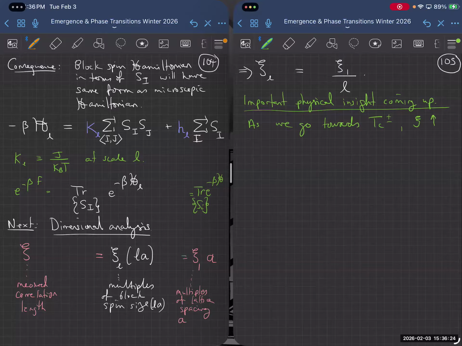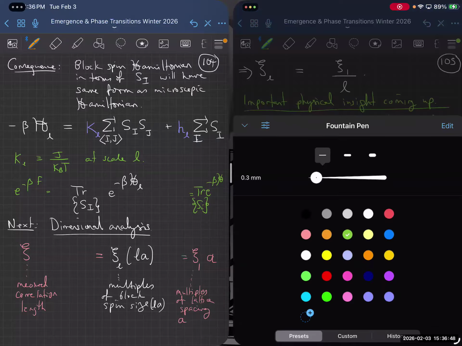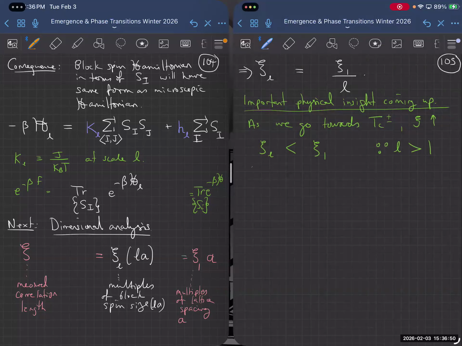The physical correlation length, say, is measured in the natural units of the problem, which are the lattice spacing. So you can see that psi L is less than psi 1 because L is a number that is greater than 1.